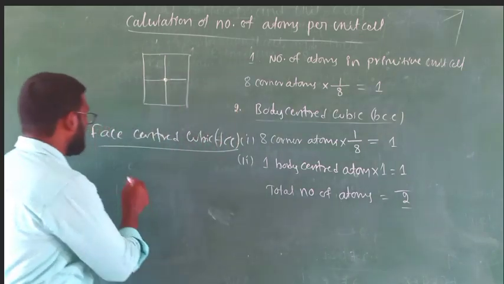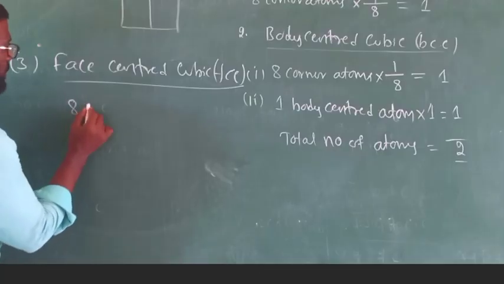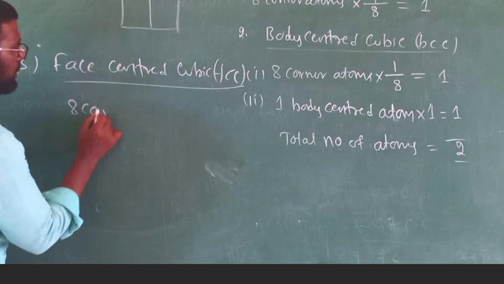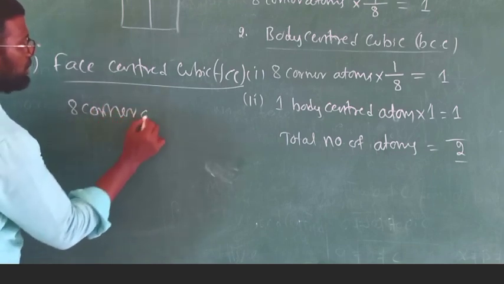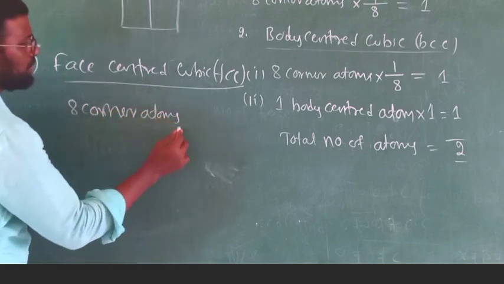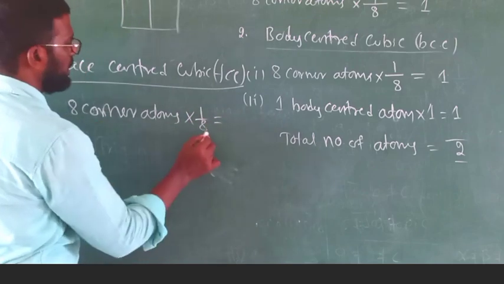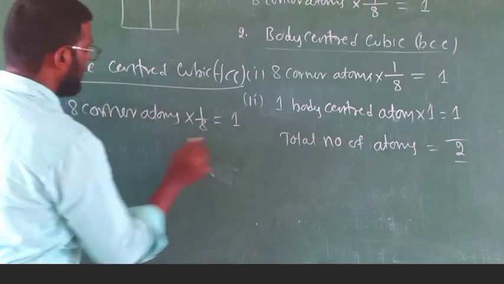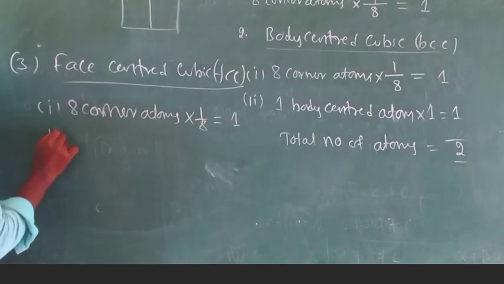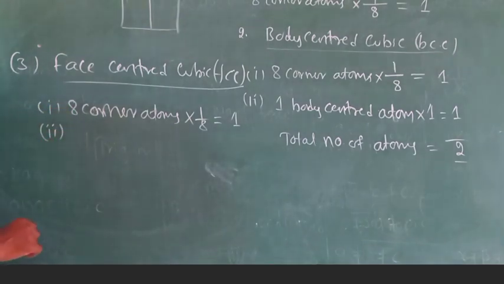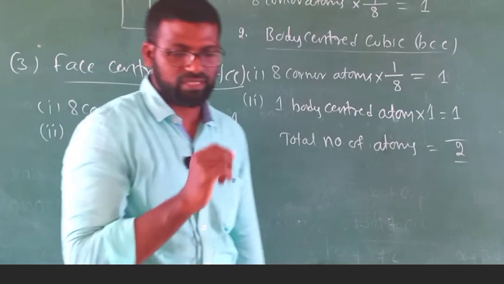So 8 corner atoms, with contribution 1 by 8, that is 8 by 8, the 8 gets cancelled, equal to 1. This is step number 1. And in the second step, there are 6 particles at the faces.